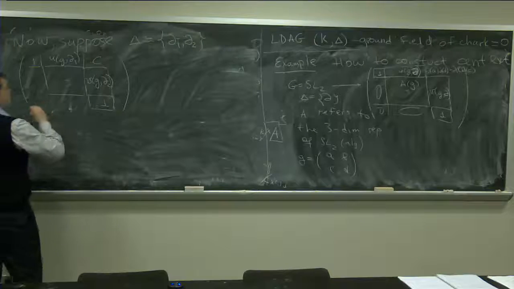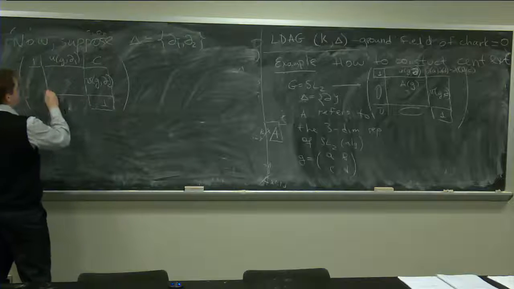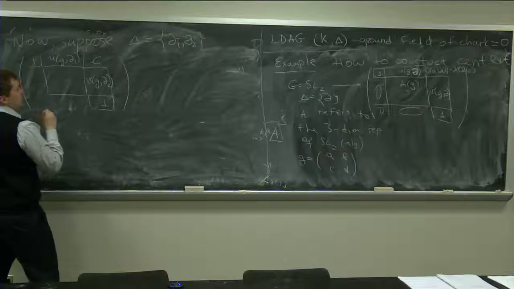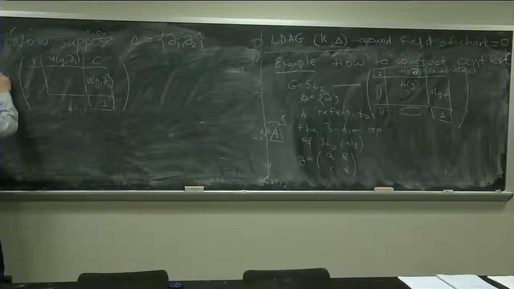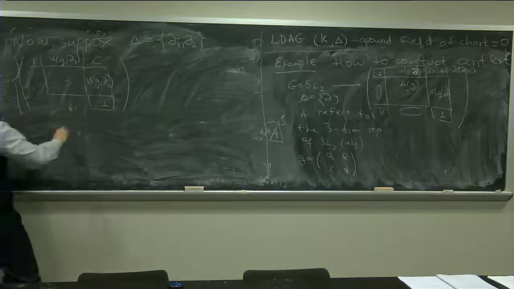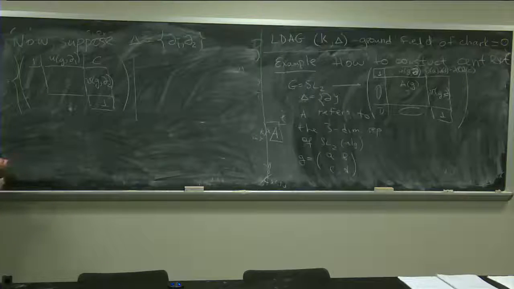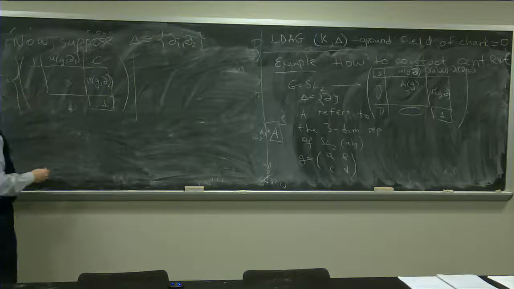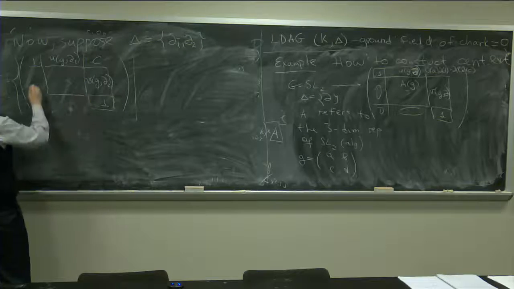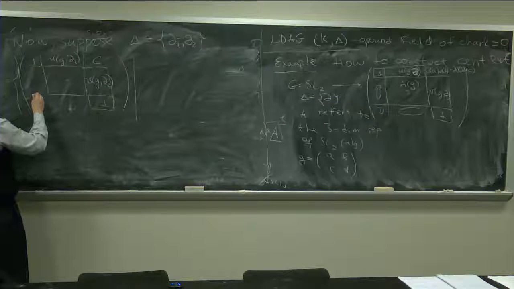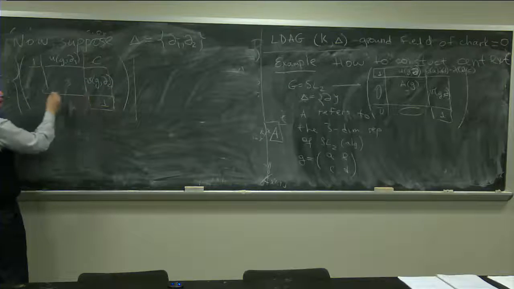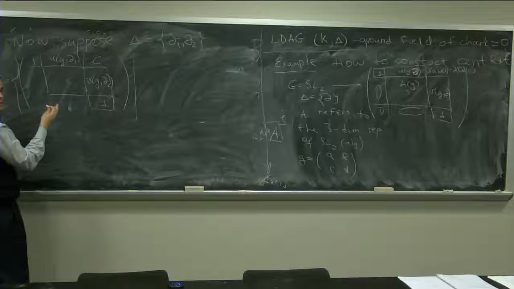Would you make a precise statement? Define this group. It's a set of matrices whose entries look like this. So this block is 4 by 4, parameterized by A, B, C, D.